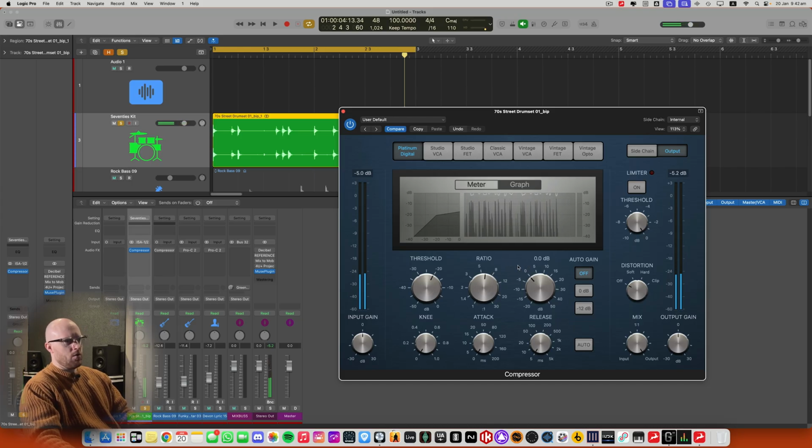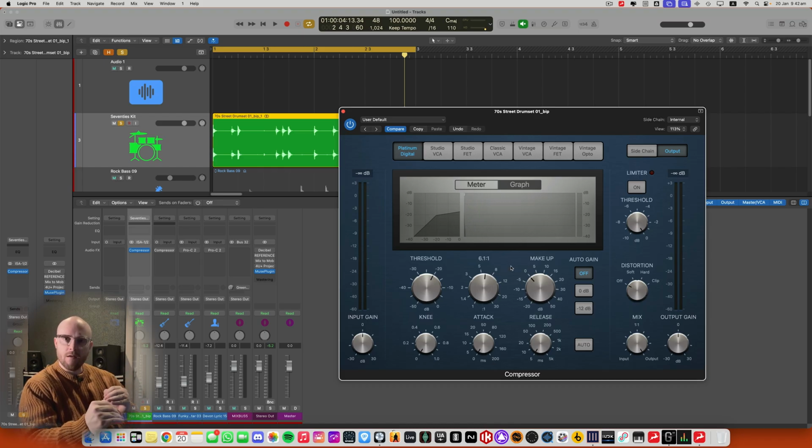Okay, so with that setting as it is, you can see and hear that the compressor is acting on the kick and snare because they're louder, but the hi-hat in between isn't being touched. Let's hear that again.